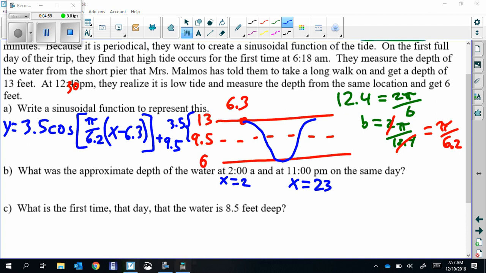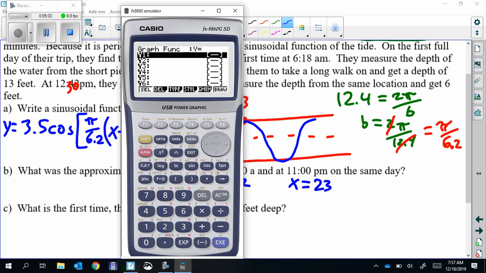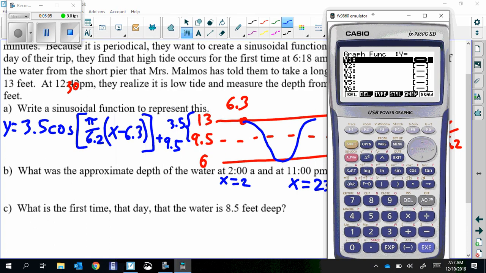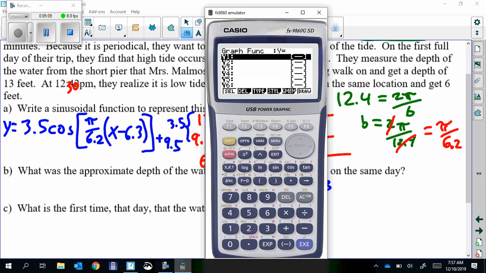Back to our graph. We've got our equation. 3.5. Put parentheses around your fraction here, just to prevent issues.